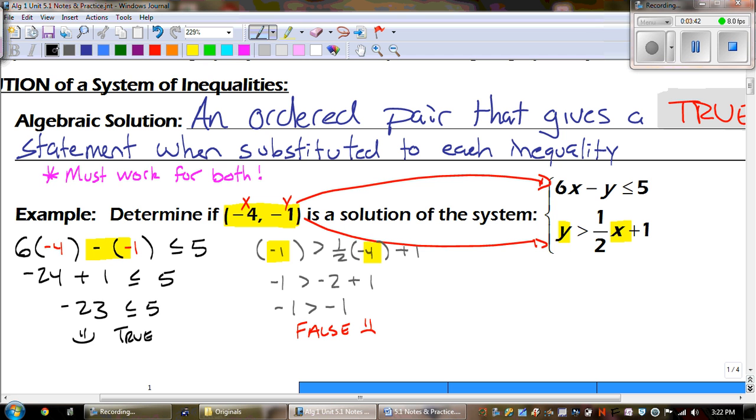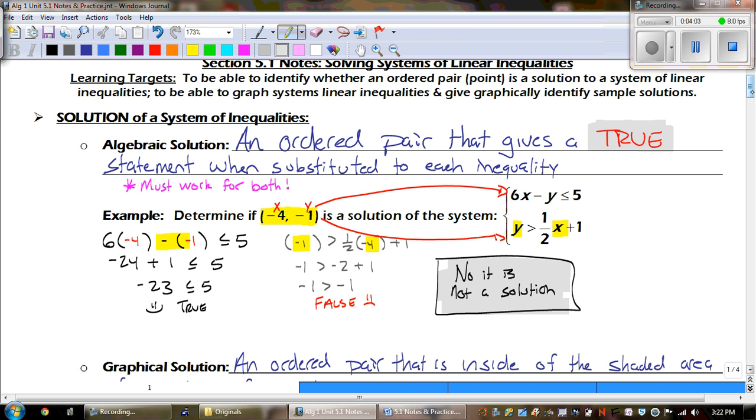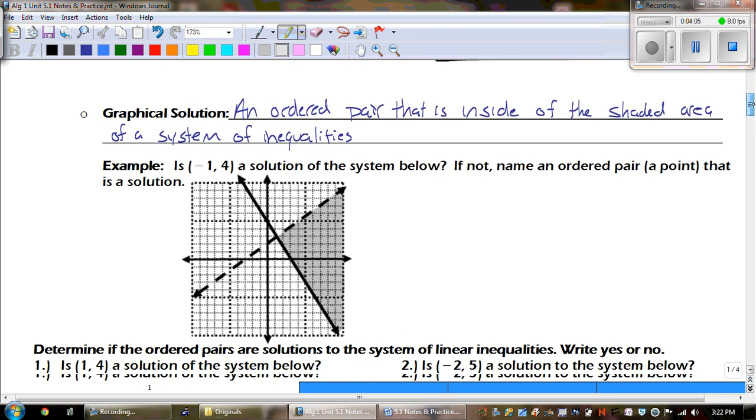So our final answer, they're wondering, is it a solution? No, it is not a solution. So that's our final answer. The key thing is we have to check it in both of them.